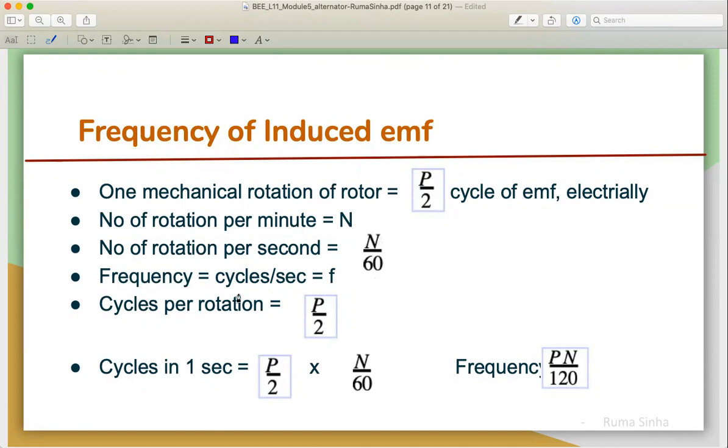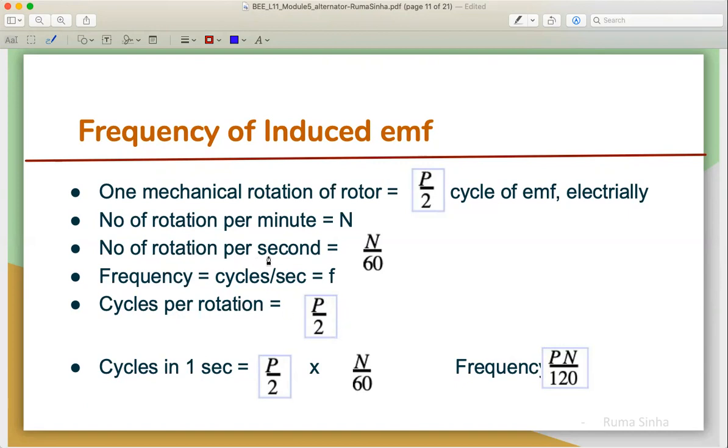To calculate the frequency, I can find the cycles per rotation. For one mechanical rotation, how many cycles did we get? P by 2 cycles. So cycles per rotation is P by 2.